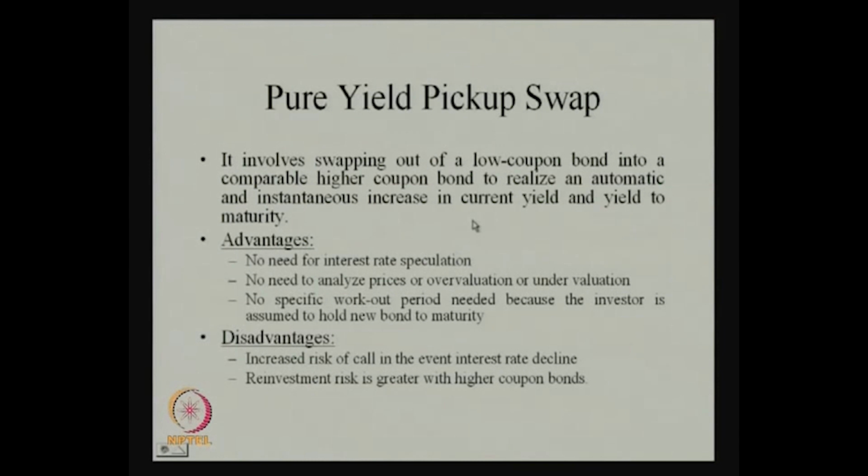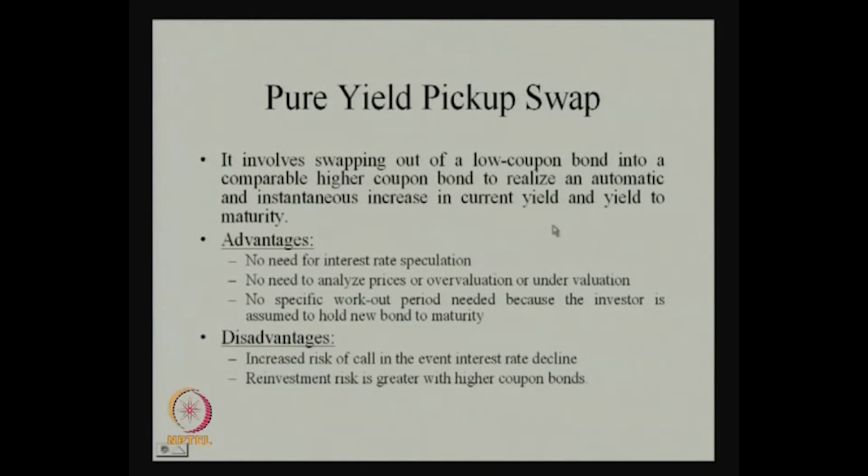What are the advantages in this case? Here we do not have to speculate anything, there is no need for interest rate speculation, no need to analyze prices or overvaluation or undervaluation, and no specific workout period is needed, because the investor is assumed to hold the new bond to maturity. That means he needs the current yield to increase immediately. Therefore, he is swapping the low coupon bond with a higher coupon bond.